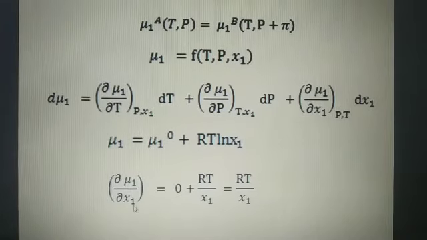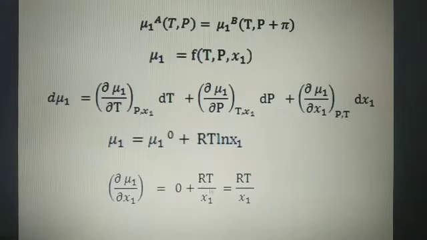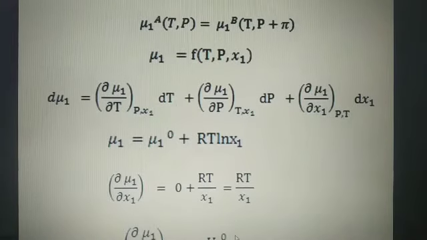So see here, we also know mu1 is equal to mu1 naught plus RT ln x1. If you differentiate it with respect to x1, mu naught is constant, so its differential is 0. The differential of RT ln x1 is RT by x1. So it is equal to RT divided by x1.